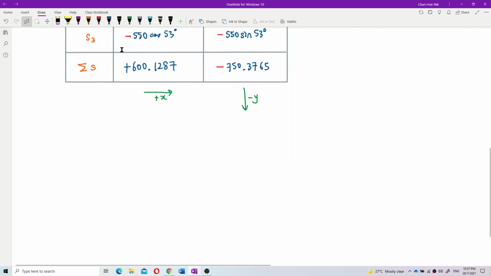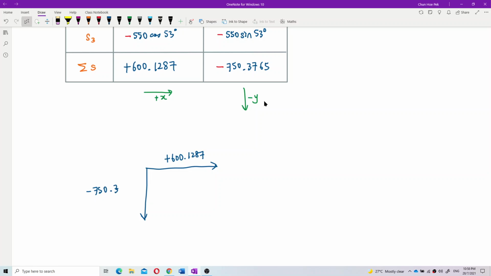So let us draw out our resultant. Our resultant is this one. Positive going to the right, positive x. And then the y component is going downward, negative 750.3765.